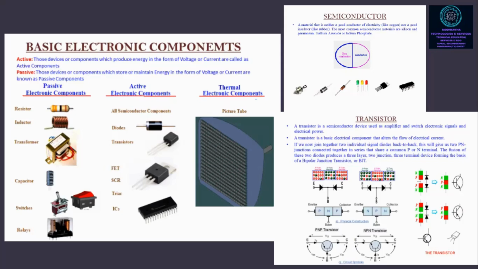All these devices or parts are made of semiconductor material, as we have already discussed. Now when we talk about transistors, as you can see at the bottom, in a diode there was only one junction, that is two materials, P and N. But here we join three materials, either P or N, so two junctions are made.